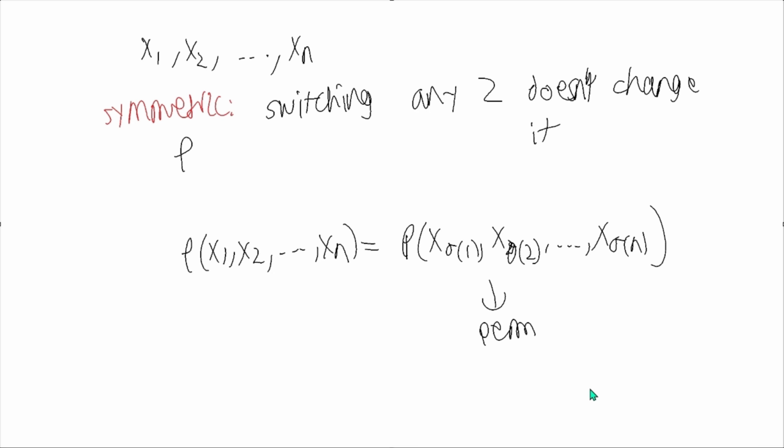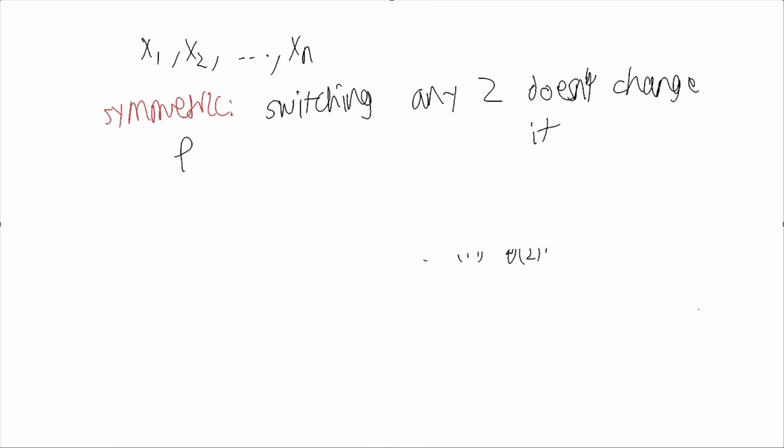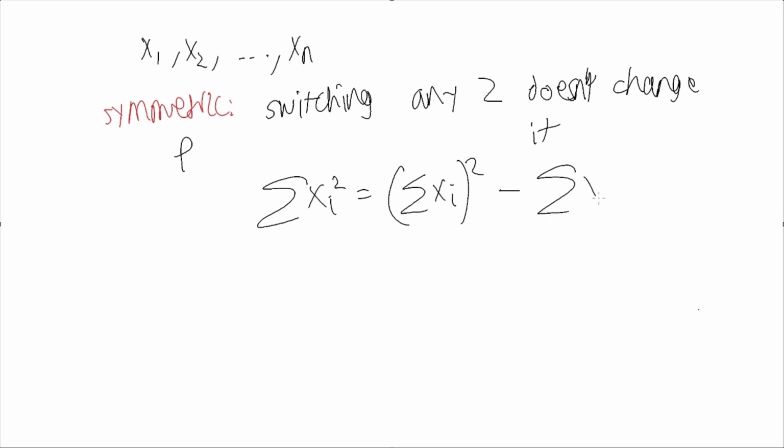And as I said earlier, it's always possible to express the symmetric sums in terms of the symmetric polynomials. So for example, as I said earlier, we have that the sum of xi squared is equal to the sum of xi all squared minus the sum of xi xj, where this is like s2 and this is s1. And we also have some more complicated things.